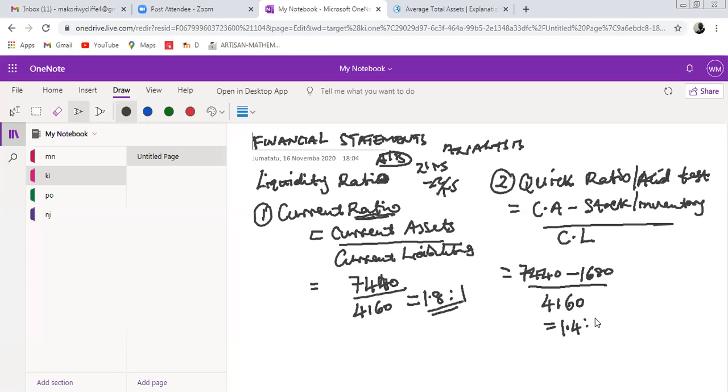You also put "is to 1" because it is also a ratio. 1.4 is to 1 is a ratio.